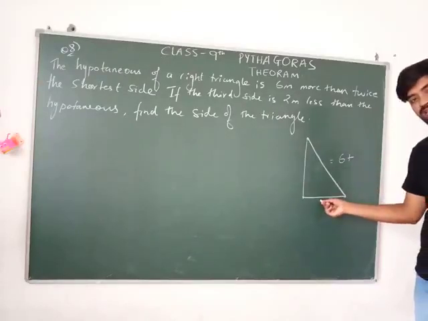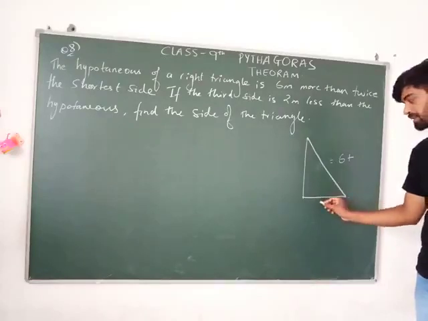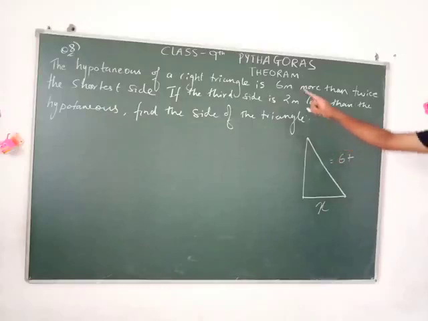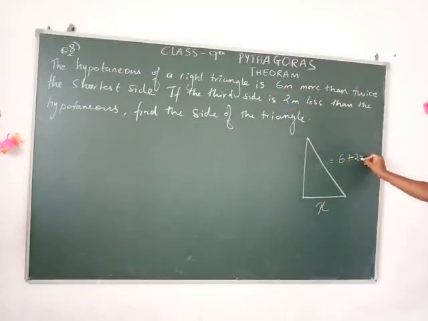What is the shortest side? This is the shortest side. What is the value of this? I don't know, so I am taking the value of the shortest side as x. So this side is 6 meter more than twice the shortest side. This is what they are trying to tell us.